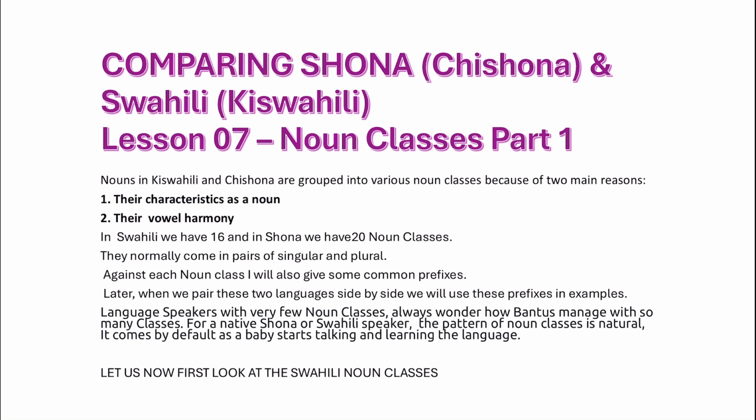Against each noun class, I will also give some common prefixes, subject prefixes, and possessive prefixes. Later, when we pair these two languages side by side, we will use these prefixes in examples.